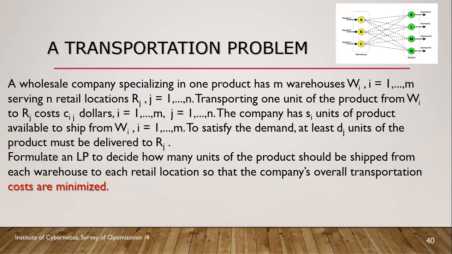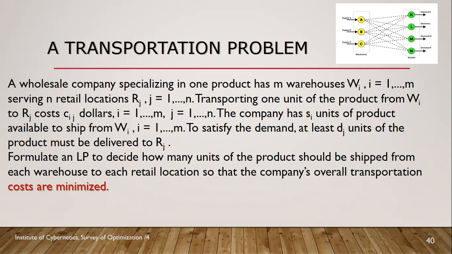And the final widely used linear programming problem, which was formulated as a linear programming problem by the famous mathematician Leonid Kantorovich, is the transportation problem. The standard formulation of the transportation problem is as follows.